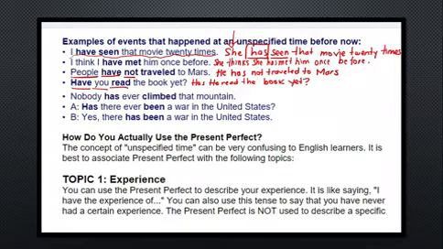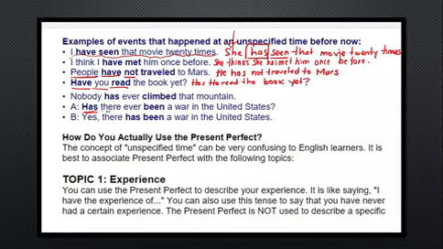Okay. So, next one. Nobody has ever climbed a mountain. Nadie ha escalado esa montaña. Next one. Has there ever been a war in the United States? And look at this. The question begins with the auxiliary has. Okay?